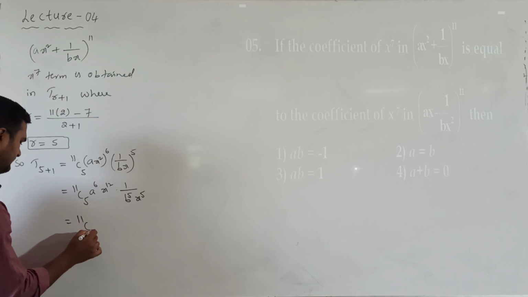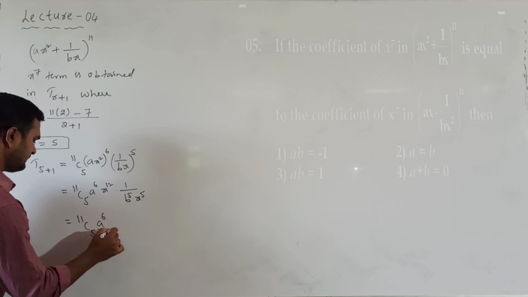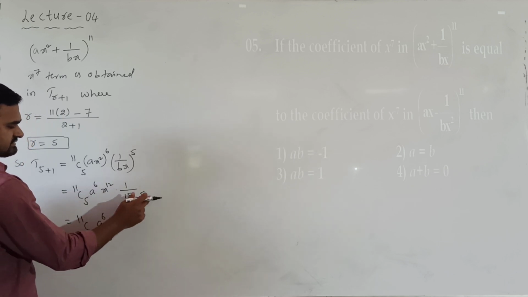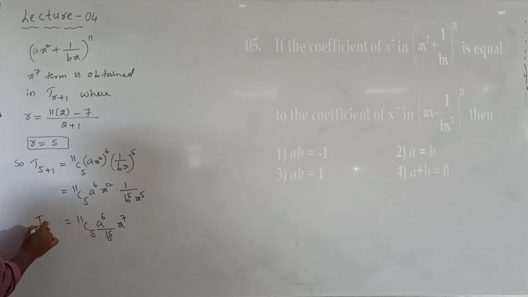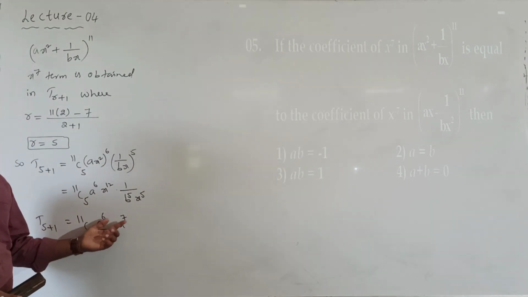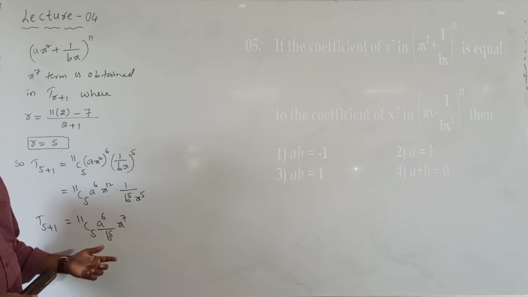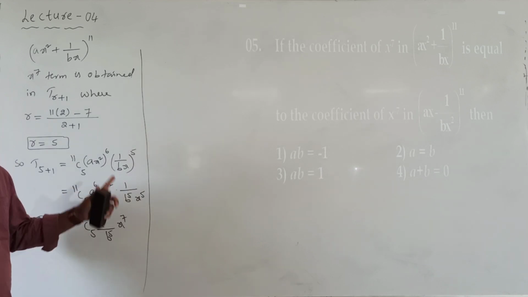So totally we have 11c5 a power 6 divided by b power 5, x power 12 by x power 5, x power 7. So this is the coefficient of x power 7: 11c5 a power 6 divided by b power 5. This is in the first expansion.